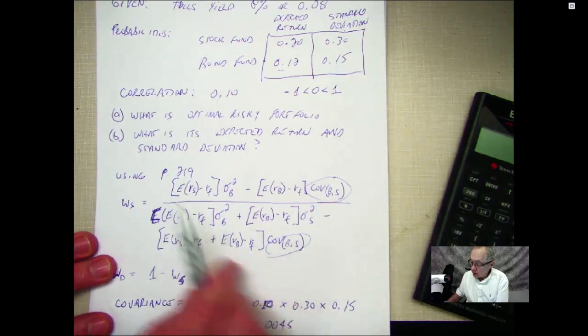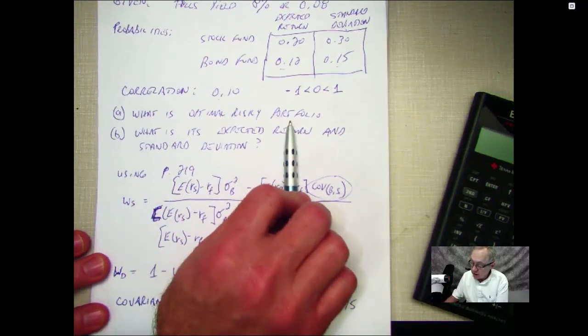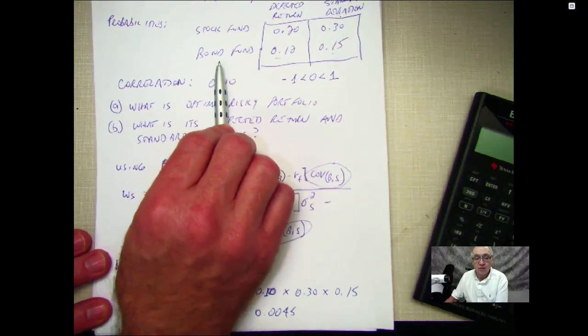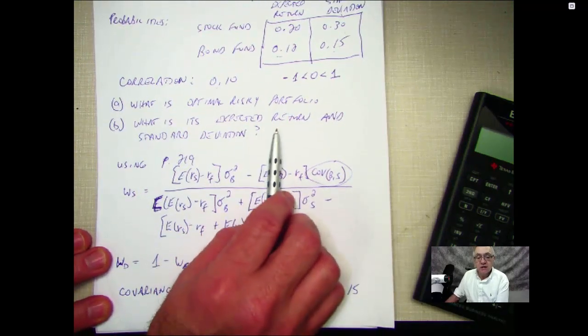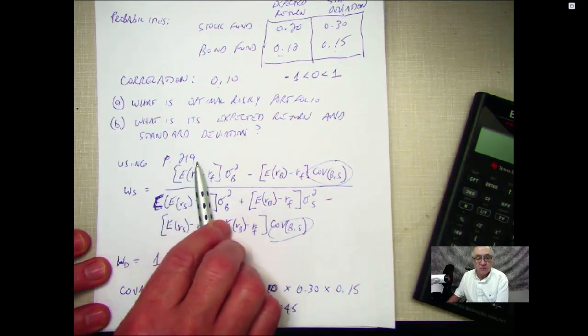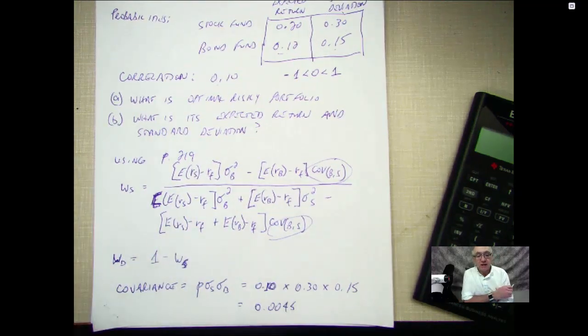So we'll do this in two parts. First, we're asked what is the optimal risky portfolio, so the blend of stock fund and bond fund. And second, what is the expected return and standard deviation of this portfolio? We're going to use the formula on page 219.